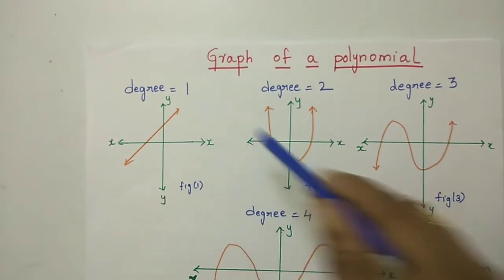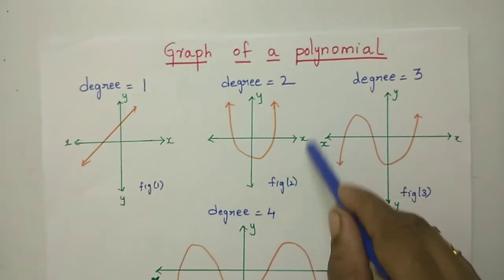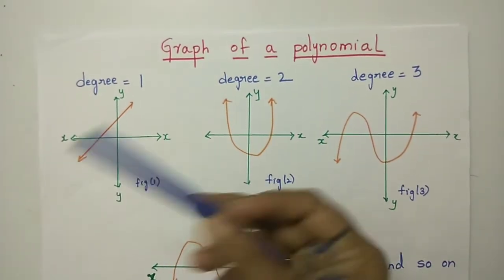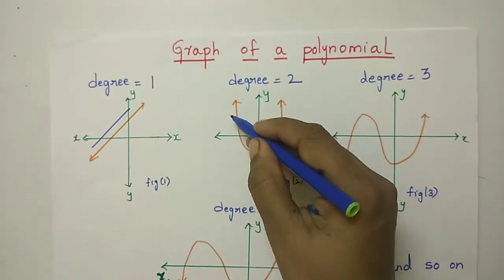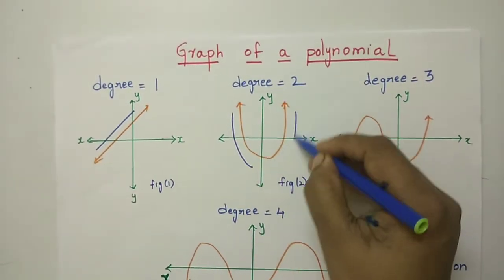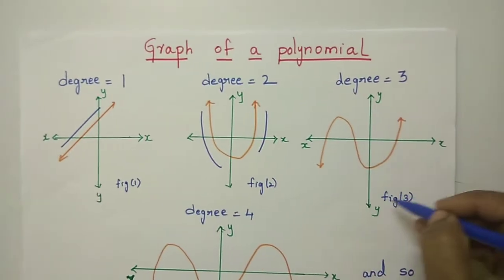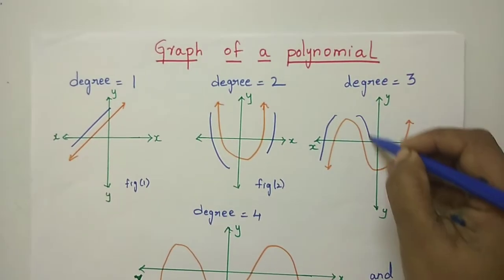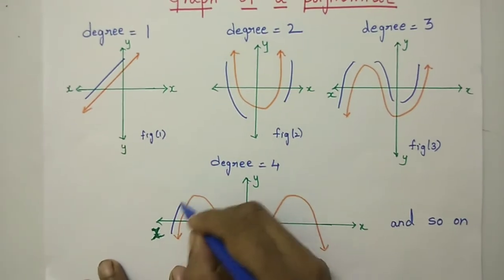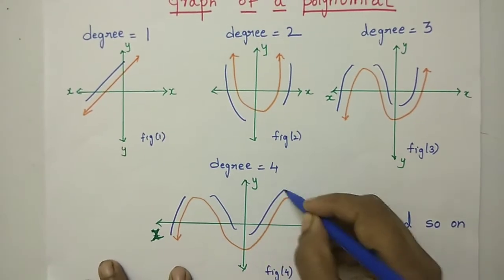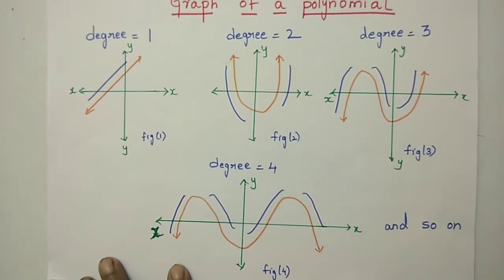In figure 2, the line is in two directions. Whereas in figure 3, the line is in three directions. In figure 4, it is in four directions.